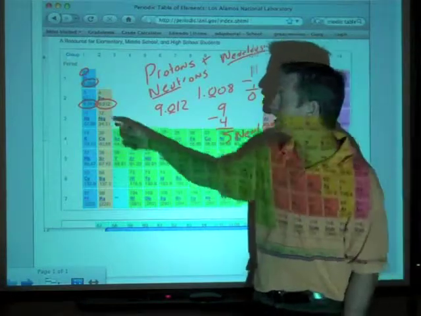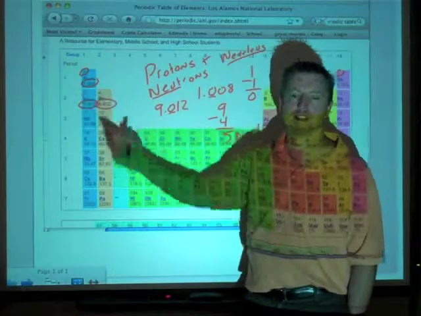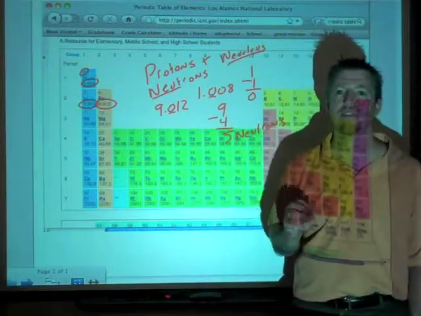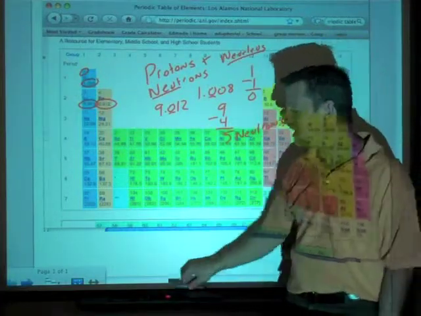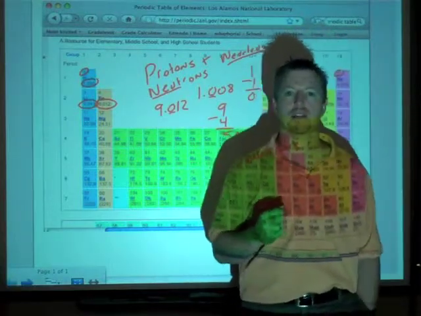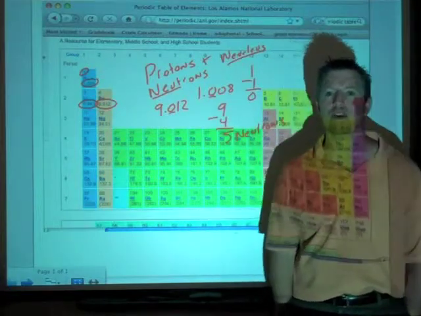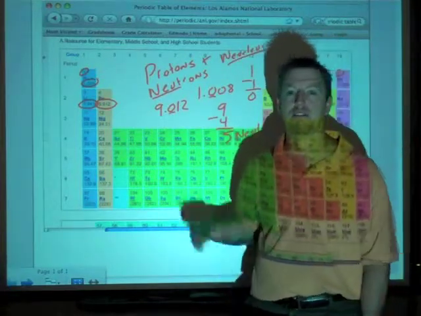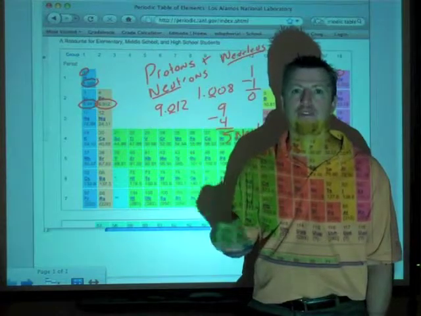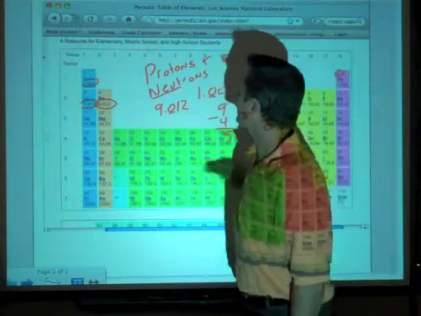I don't want students to automatically assume that that 3 tells me neutrons. That's incorrect. That 3 will tell me the number of protons, however. The protons will never change in an atom. Protons will always remain the same. For the neutrons, just remember you always have to subtract the atomic number from the atomic mass.